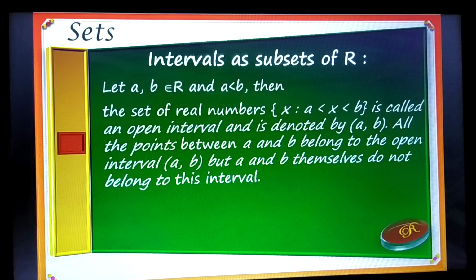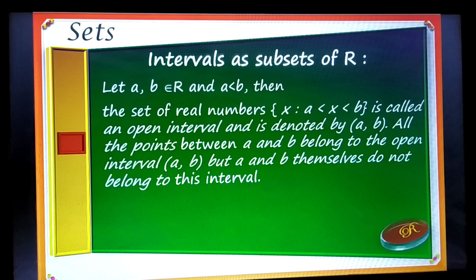Intervals as subsets of R, that is the set of real numbers. Let a, b belong to R and a is less than b. Then the set of all x such that a is less than x is less than b is called an open interval and is denoted by the interval from a to b.